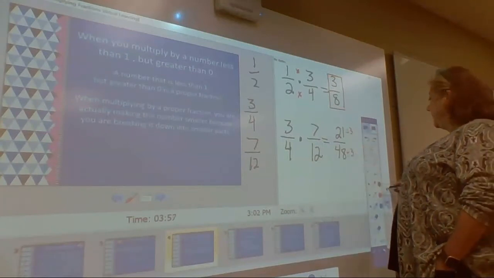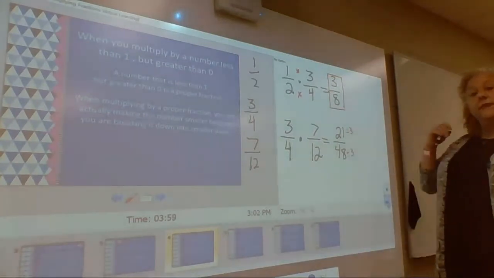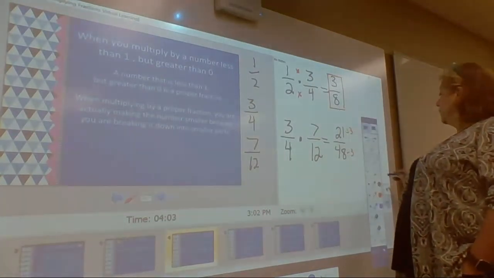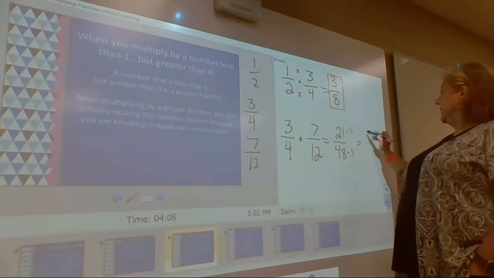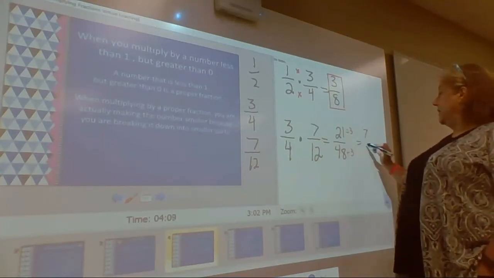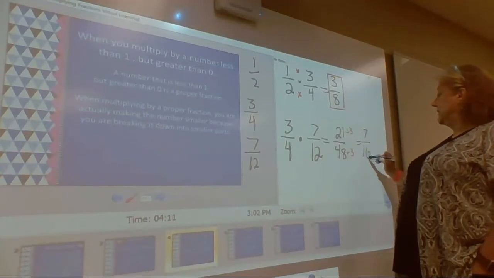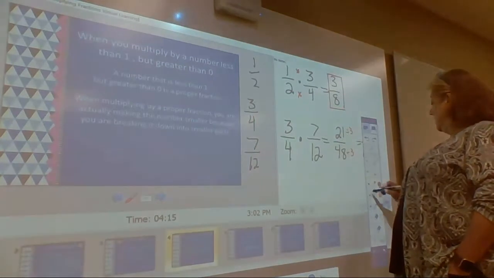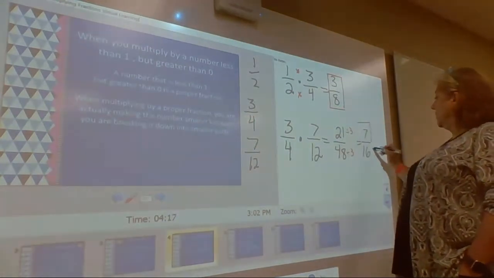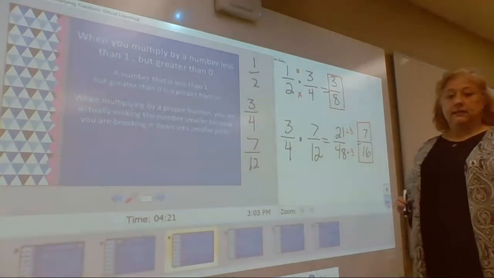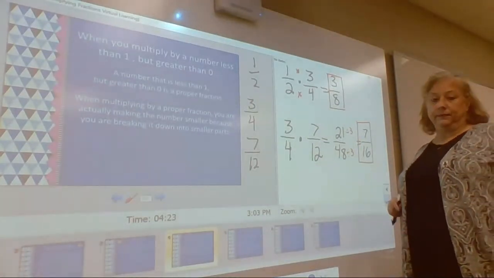And this is simplifying. 21 divided by 3 is 7, and 48 divided by 3 is 16. So my answer here would be 7/16. So write these down.